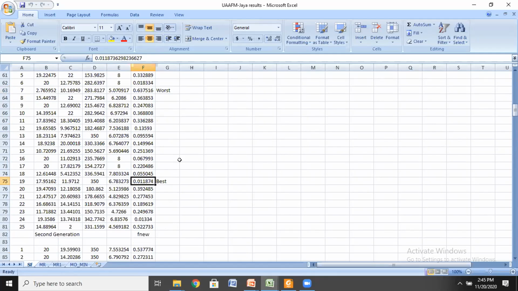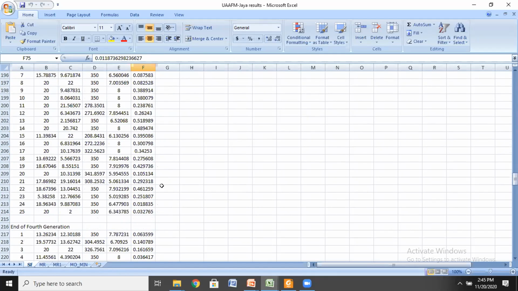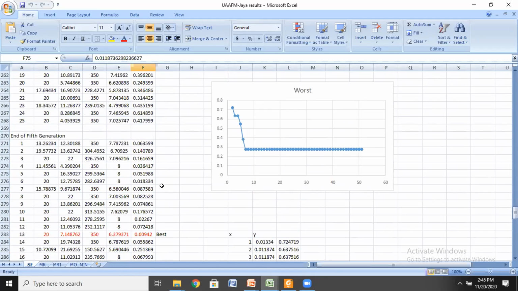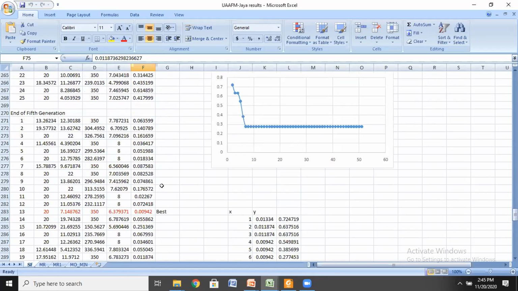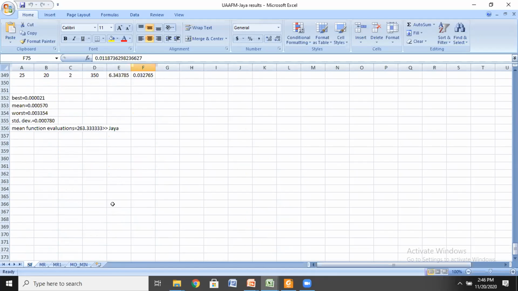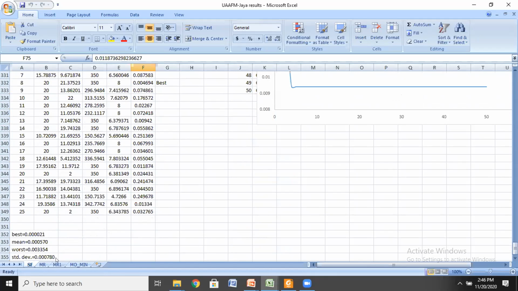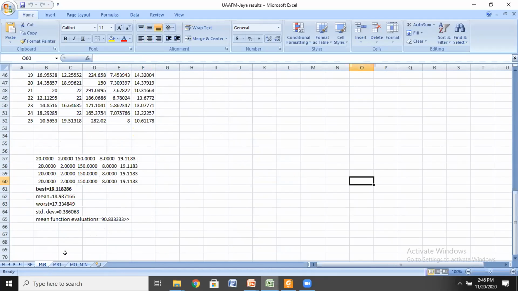Similarly here. If you keep running the simulation for a number of iterations, then at some particular point you will find convergence in the result, and finally it will give you the optimum solution values, and your values will repeat. That I will show you here.